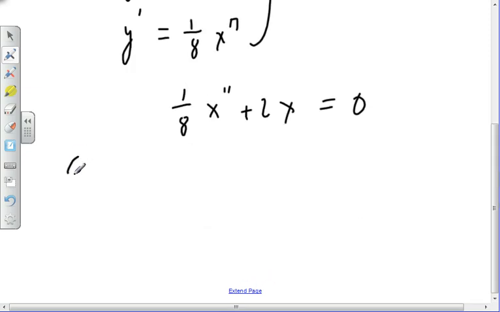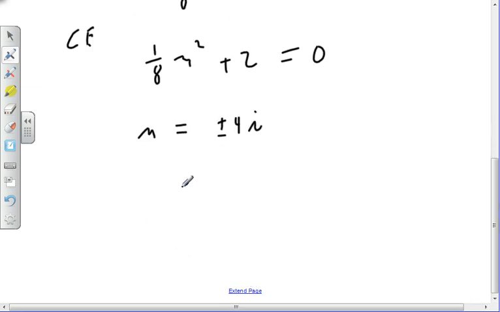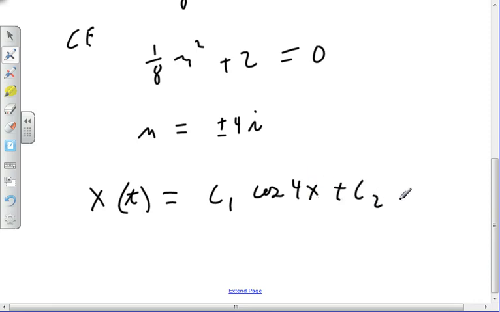I have a characteristic equation. 1/8 m squared plus 2 is 0. M is going to be plus or minus 4i, and x of t is c1 cosine 4t plus c2 sine 4t.